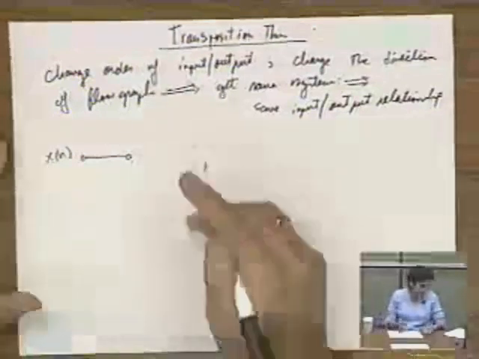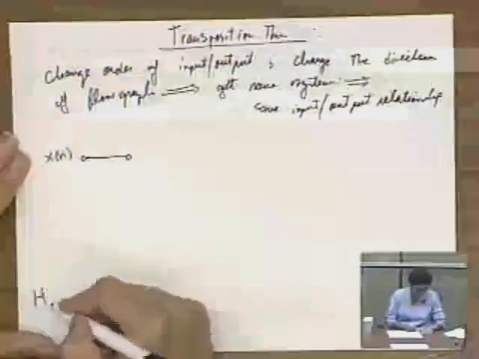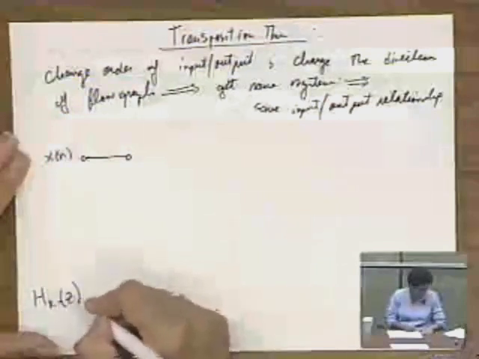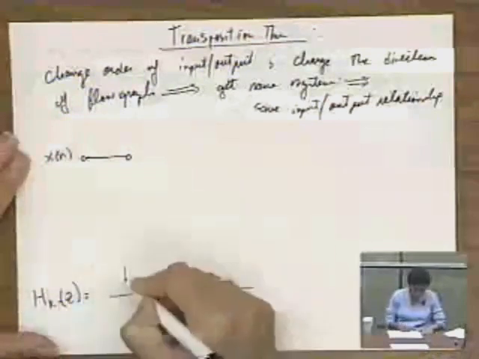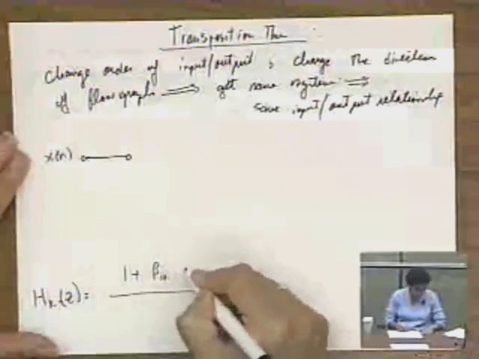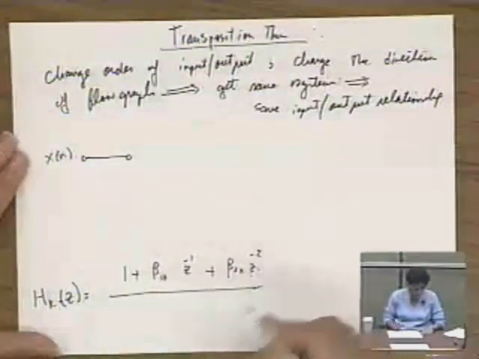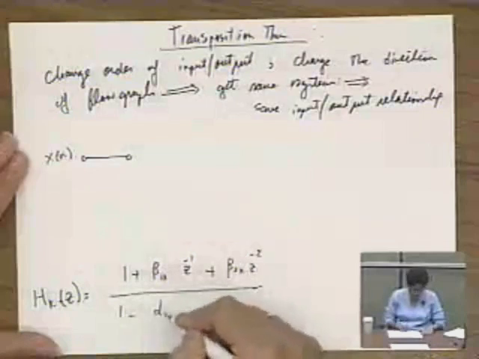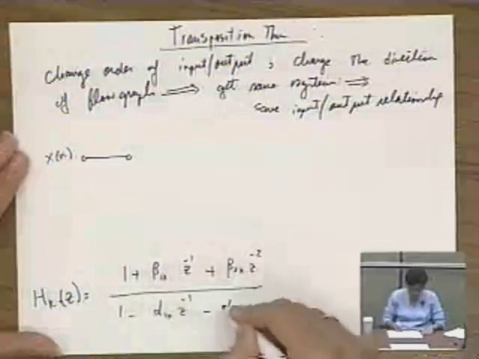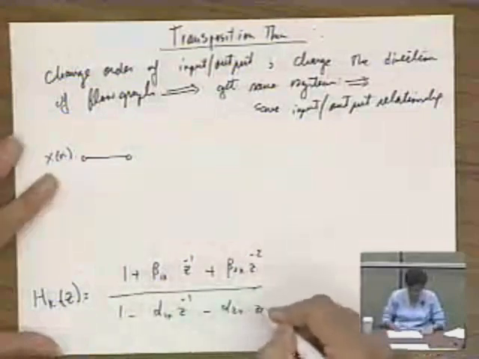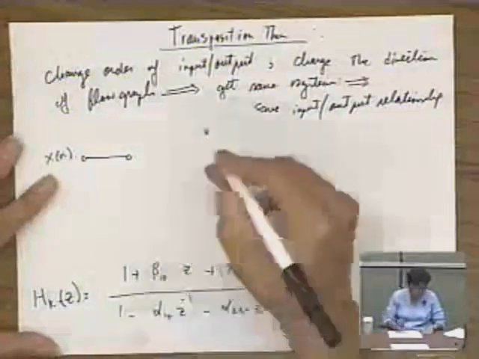I don't know if you remember that or not, but let's just write that down. Remember we had this H sub k of z, which looked like 1 plus beta 1k z to the minus 1 plus beta 2k z to the minus 2 over 1 minus alpha 1k z to the minus 1 minus alpha 2k z to the power of minus 2.